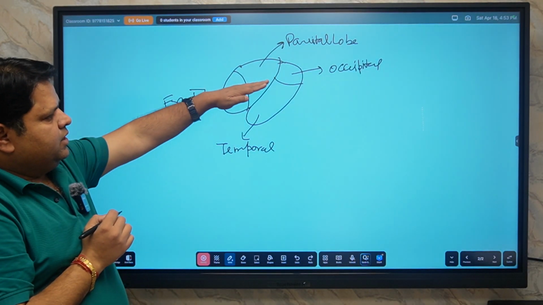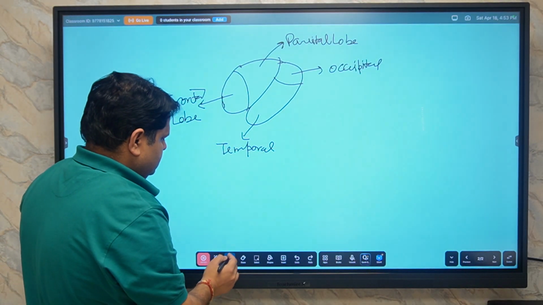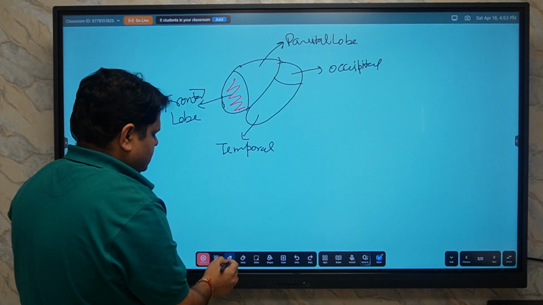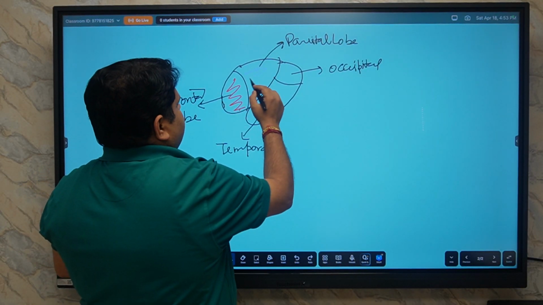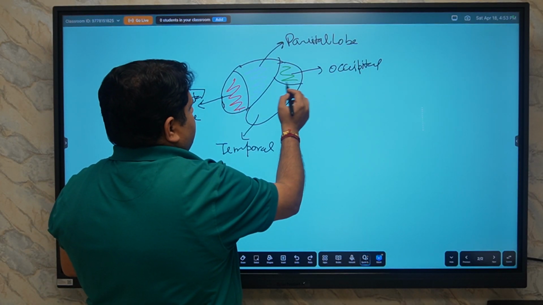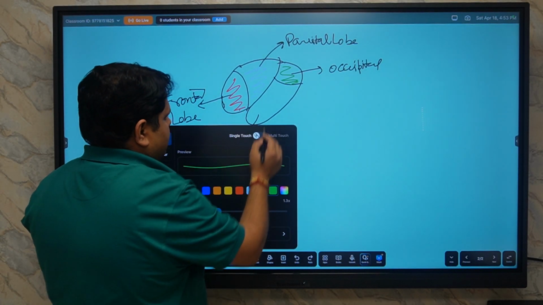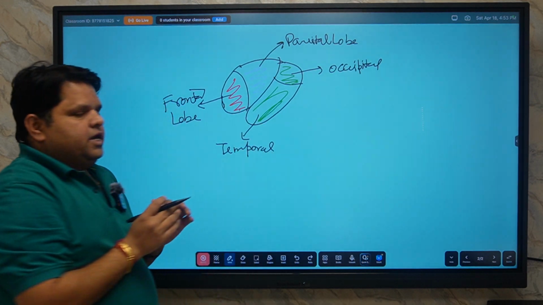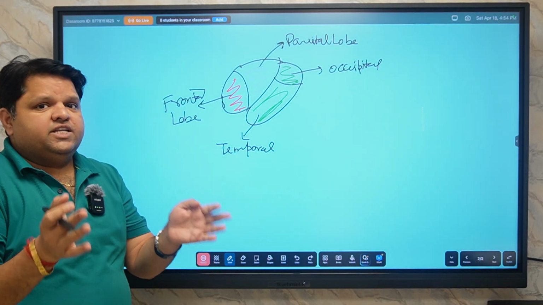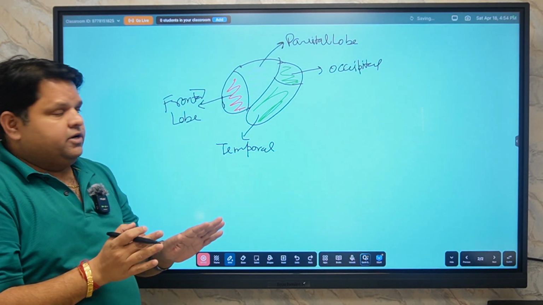So we have brain, in which we have frontal lobe, parietal lobe, occipital lobe posteriorly, and temporal lobe. Each lobe has different function. So for every disease the localization area may be different.